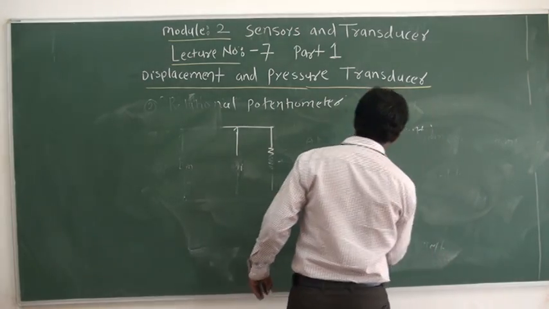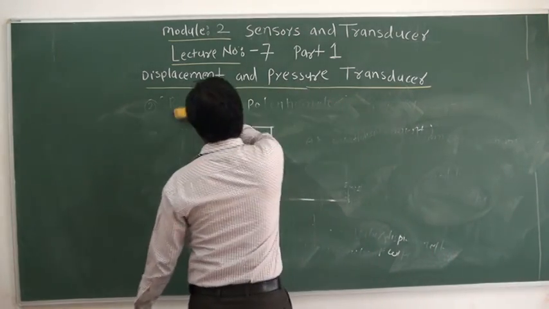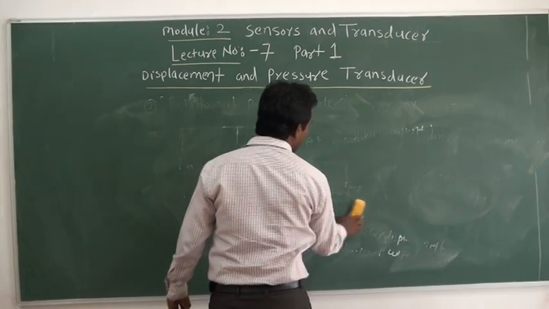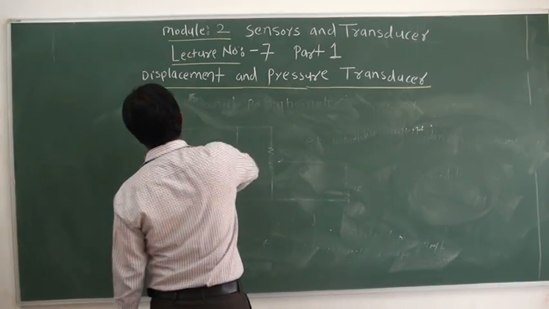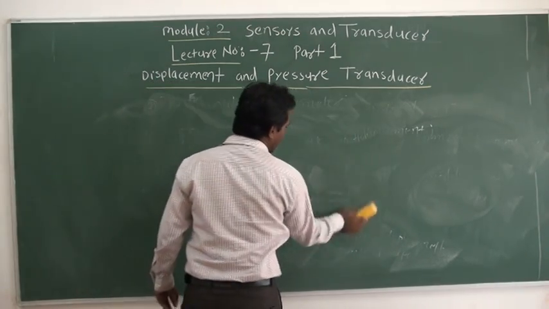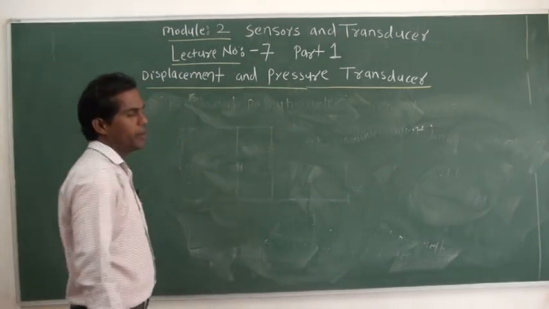Now, what is the application of a potentiometer? Basically, the potentiometer is used for error detection between two shafts.